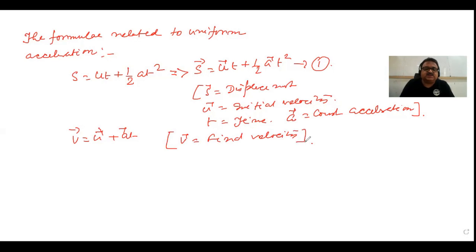And the third formula is this: v dot v equals u dot u plus 2a dot S, correct? Since a dot a is a square, we write it as v square equal to u square plus 2aS, correct?